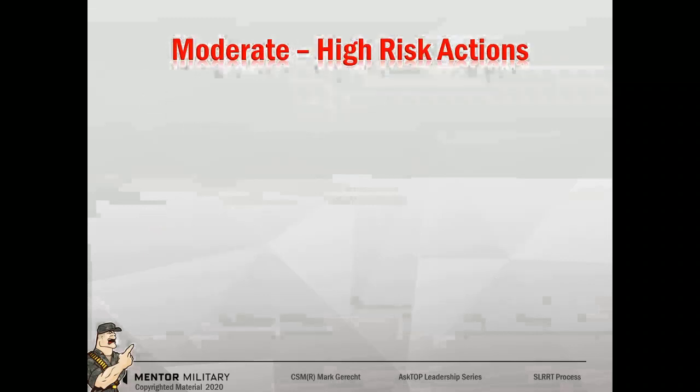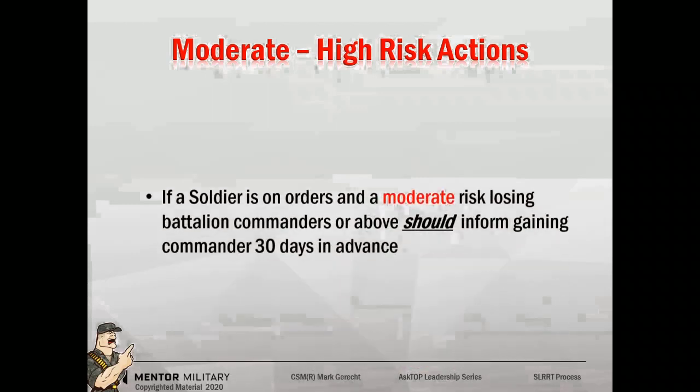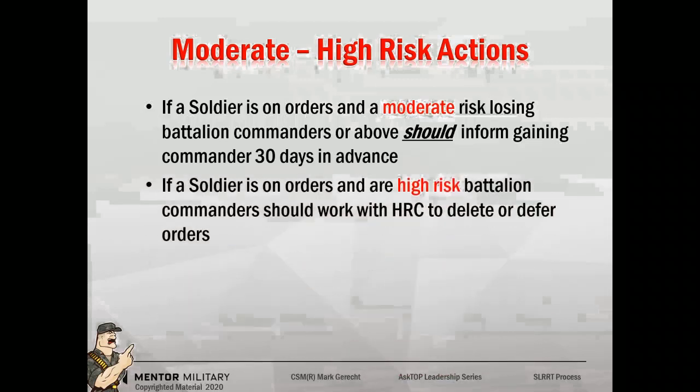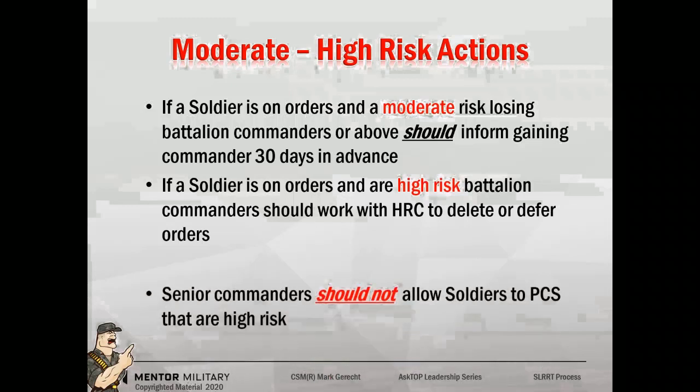Now, what are some of the moderate to high risk actions? If a soldier is on orders and is a moderate risk, battalion commanders or above should inform the gaining commander 30 days in advance of the issue. If a soldier is on orders and is high risk, battalion commander should work with HRC to delete or defer the orders.